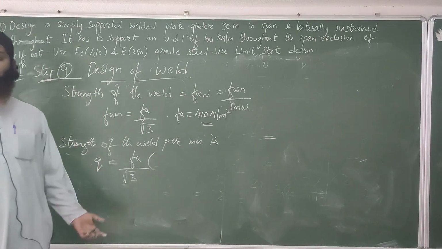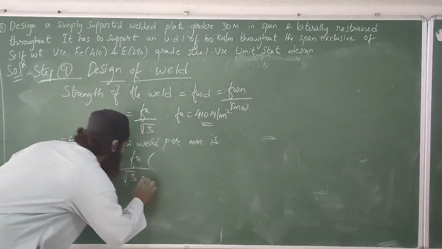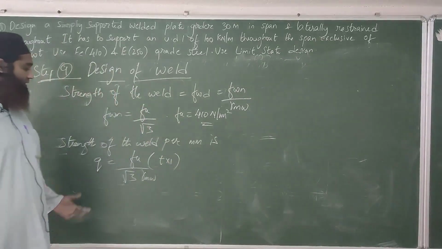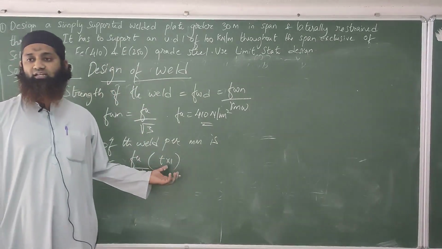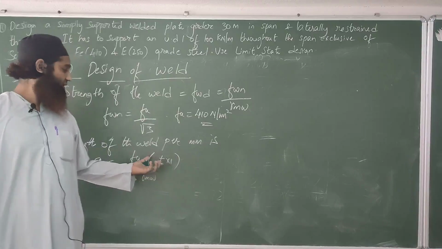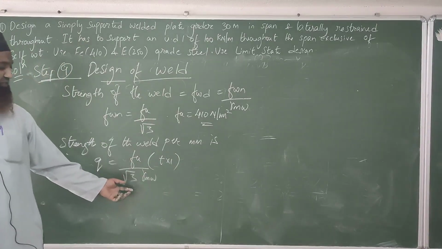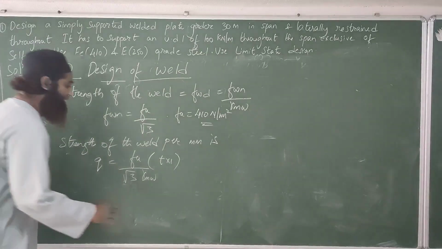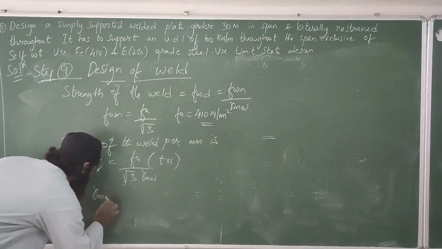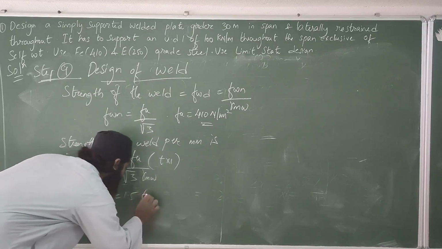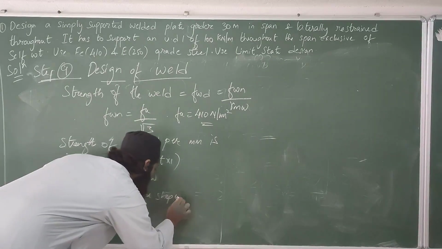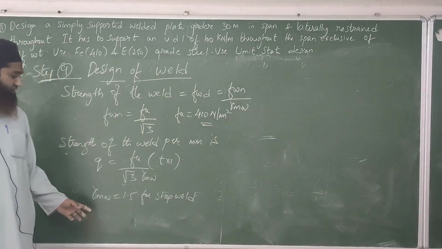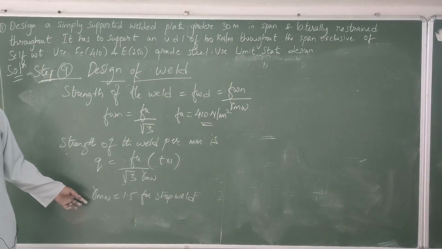Here T is the throat thickness. Gamma MW is 1.5 for shop weld. We'll be assuming it is shop weld. On page 30 you can see 1.5 for shop weld.